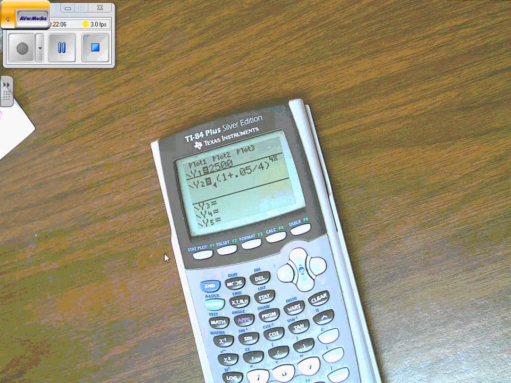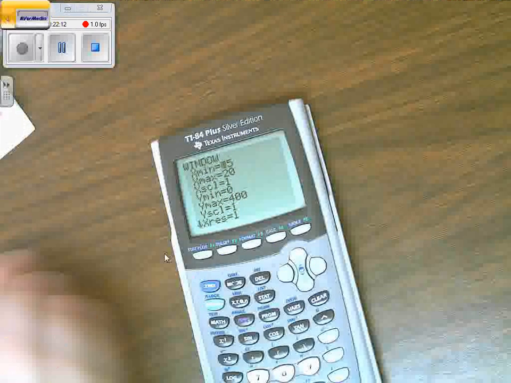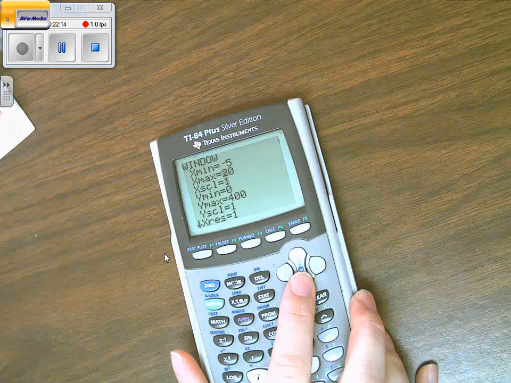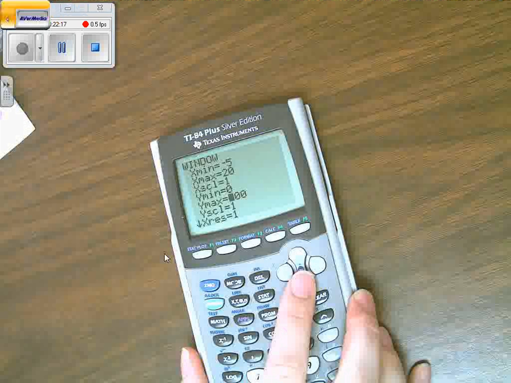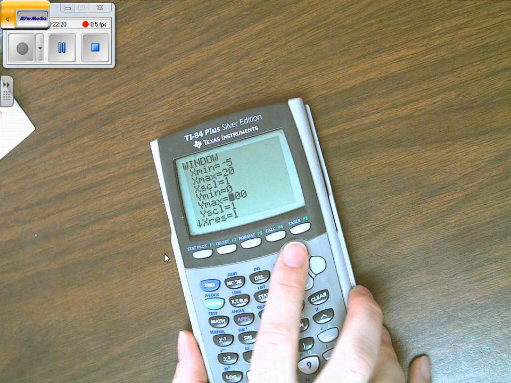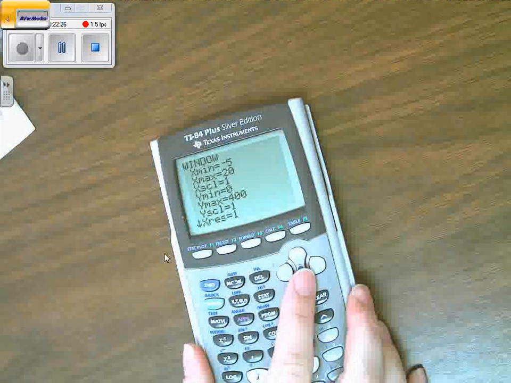What does my window need to be set at? Let's talk Y values first of all. What do the Y values need to be set at? At least 2,500, right? So you can even set your bottom at 2,000. You start with $2,000. If your bank account doesn't go up, you're in the wrong account, right? So from 2,000, we better be going up from there.